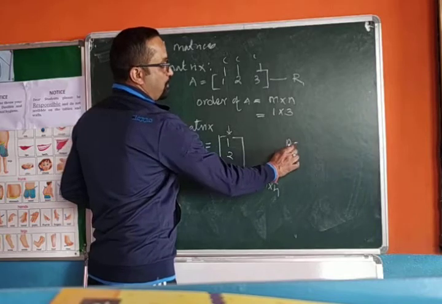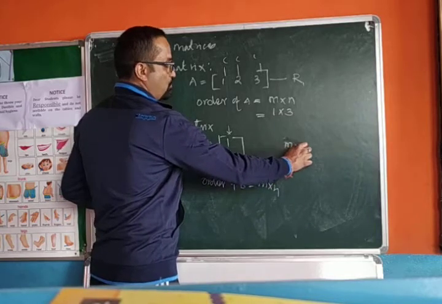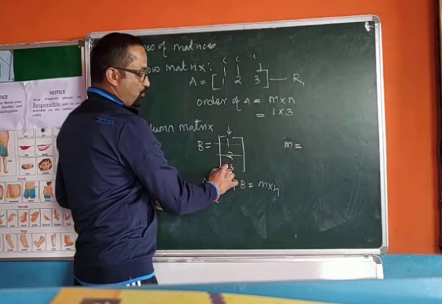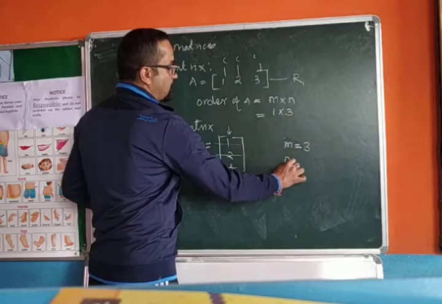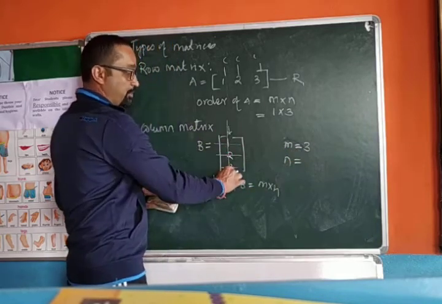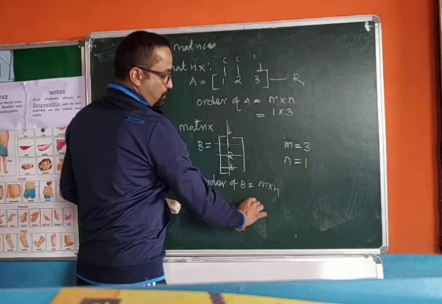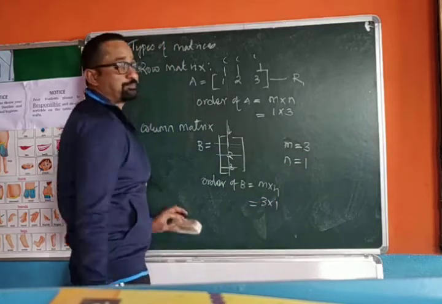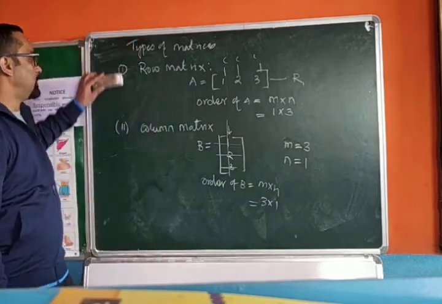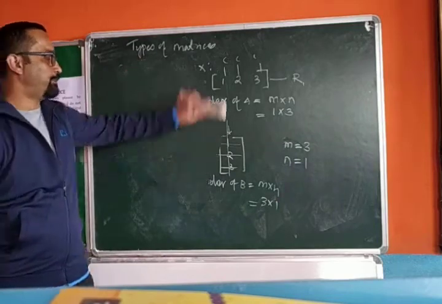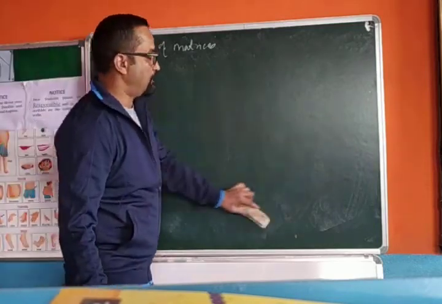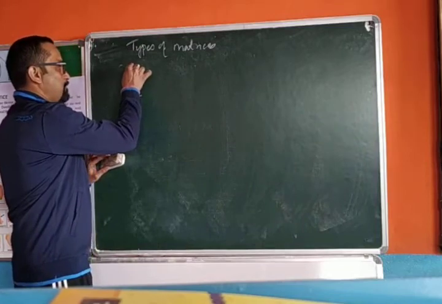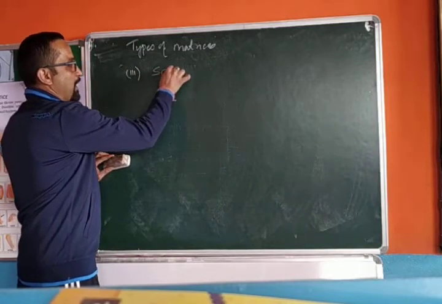M stands for number of rows: 1 row, 2 rows, 3 rows. N stands for number of columns. How many columns? Only 1. So the order of this is 3 cross 1. Similarly, the third type, type 3, is called a square matrix.